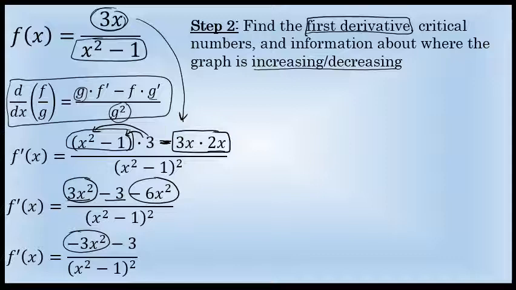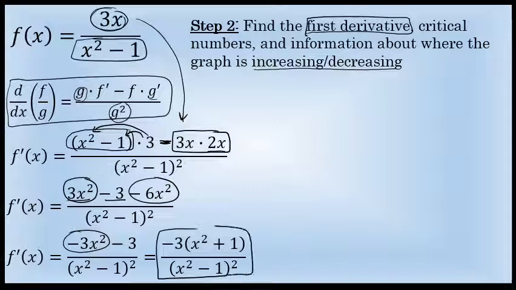And in this numerator, there's a common factor of 3. In fact, I'll factor a -3 out to the front and state this first derivative as -3 times the quantity of x squared plus 1 all over x squared minus 1 squared. This is the first derivative of the original function.